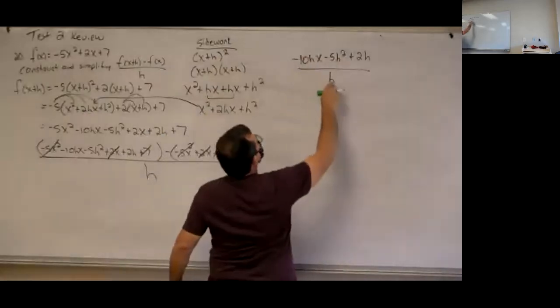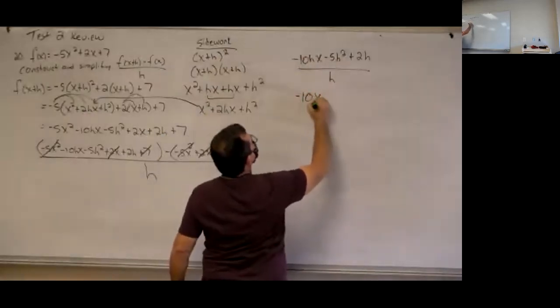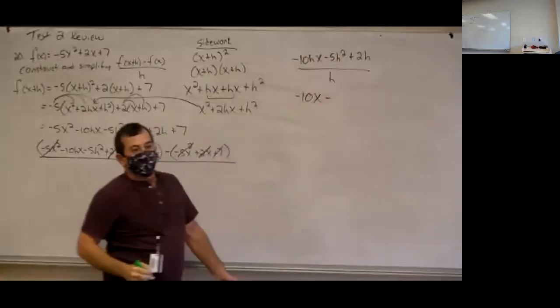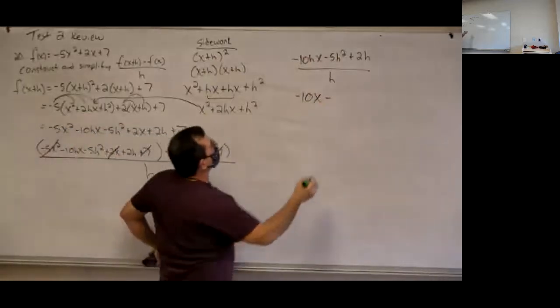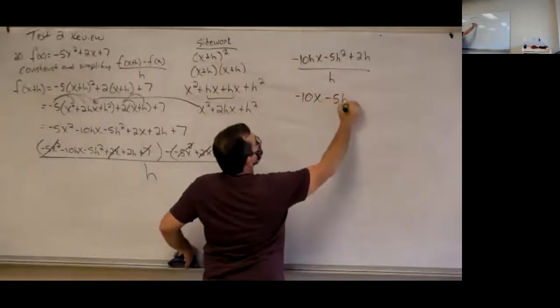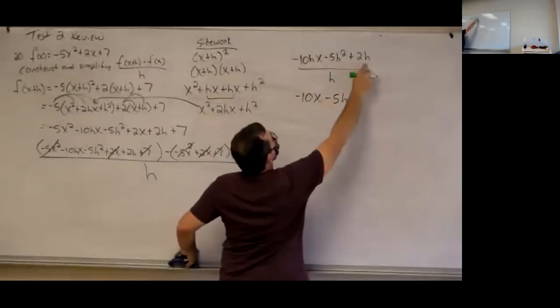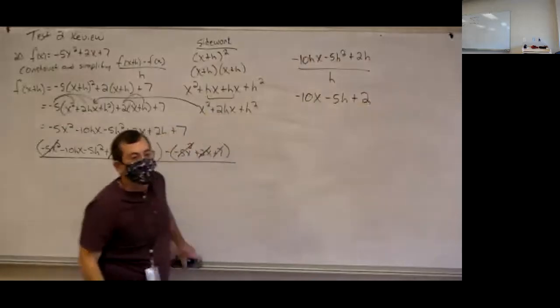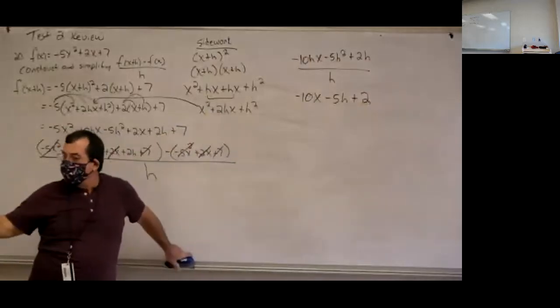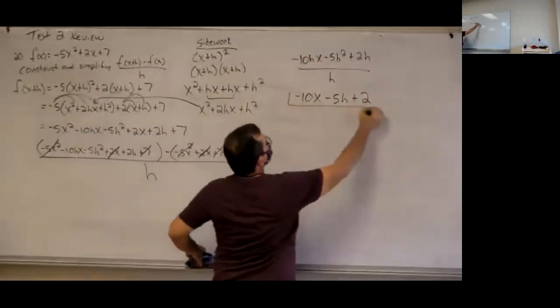So that cancels this h out, so you get a -10x. Minus 5, you had h squared over h. That's going to cancel one of them h's, leaving a 5h. And then the 2h, that 1h cancels. So you know what to do. So let's take 1h away from everybody, and then that'll be your final answer.